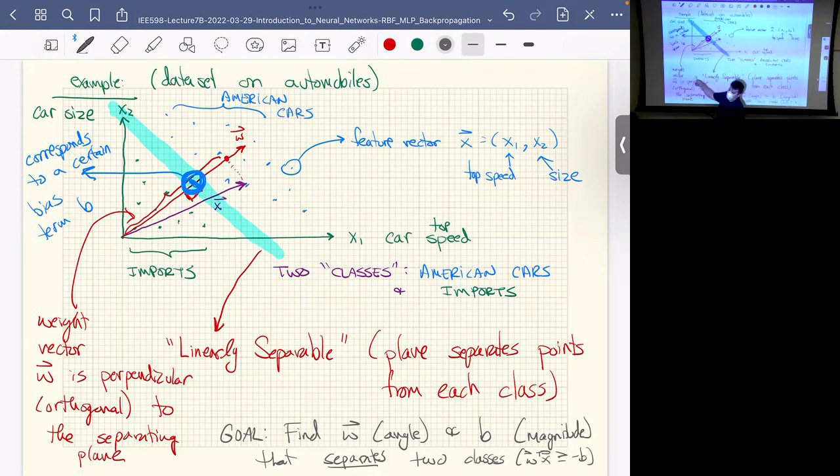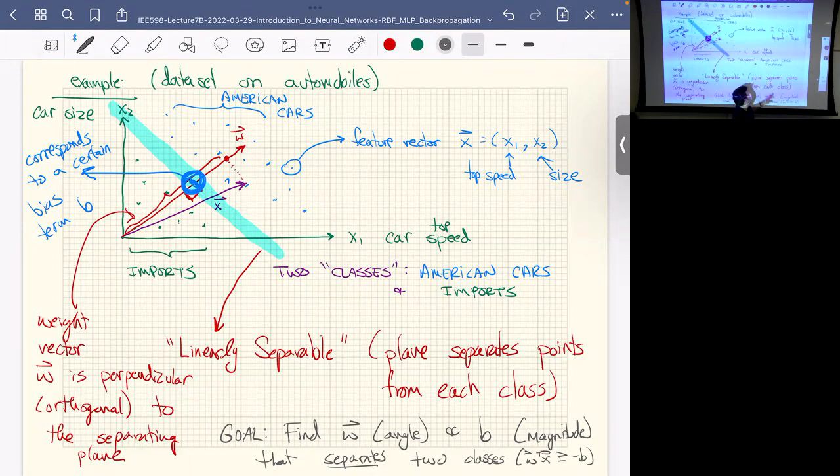And so a plane is defined by a vector. And so the weight vector is the key component of the artificial neuron. And so the weight vector is actually defining a plane. And that's why we need linear separability, because if we're only using the weight vector, then we only have a plane available to us.